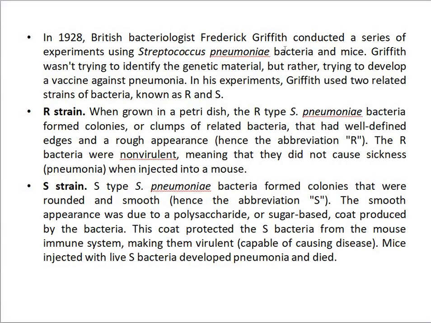While he was conducting experiments with Streptococcus pneumoniae and mice, he was actually trying to develop a vaccine against this bacteria. But during this experiment, he found some interesting results which led to the establishment of the fact that DNA is the genetic material within the cell.